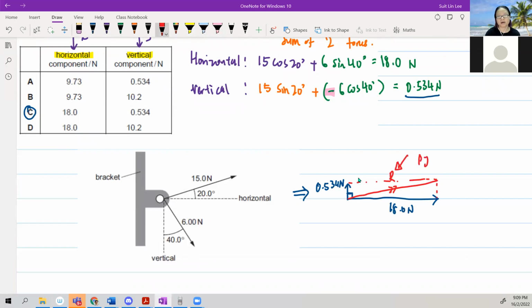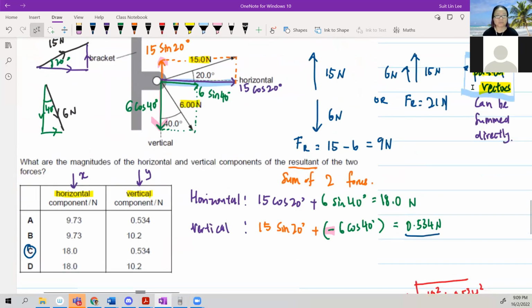So R will straight away be square root of 18 squared plus 0.534 squared. So this is why we learn how to resolve vectors: we want to bend the vector in the direction that we want, so that once they are parallel, we can do this kind of maths. We want parallel vectors. All right.